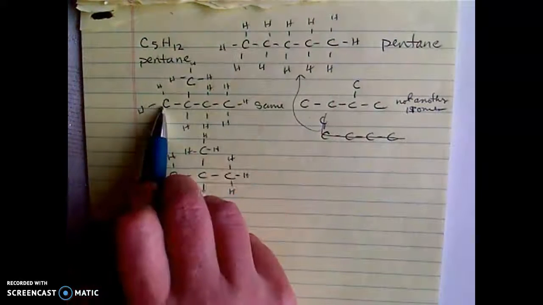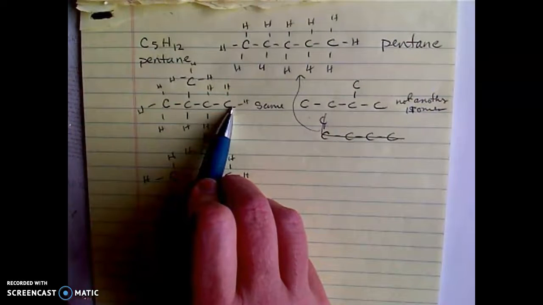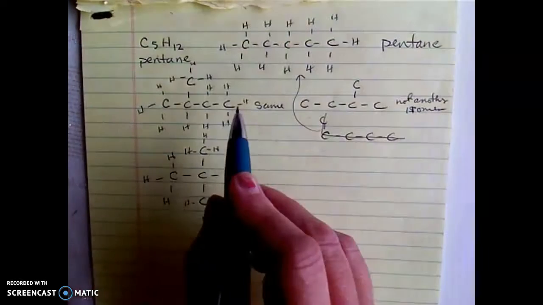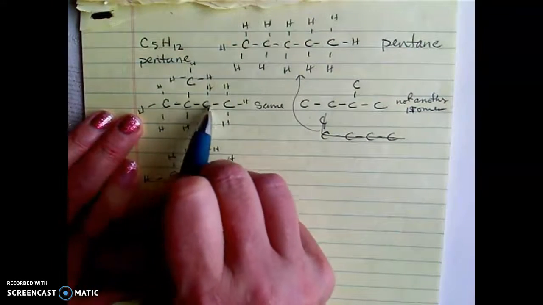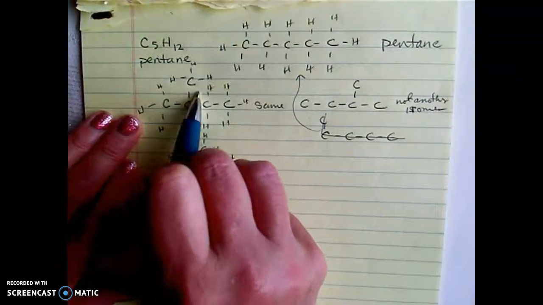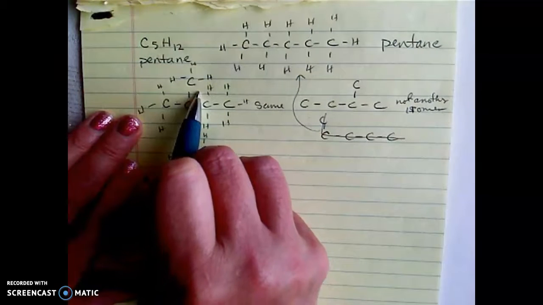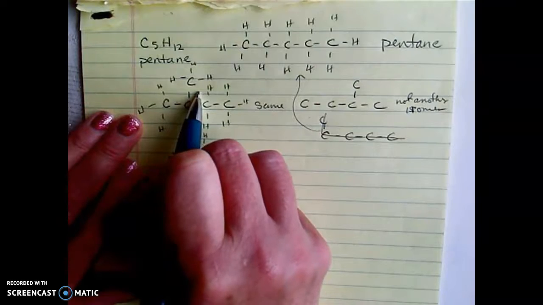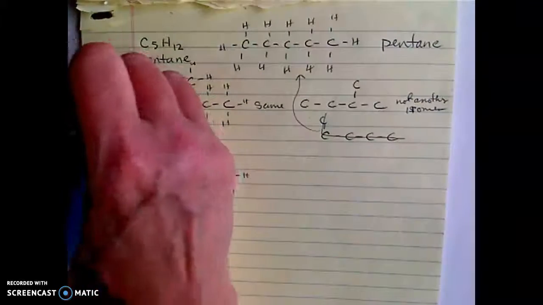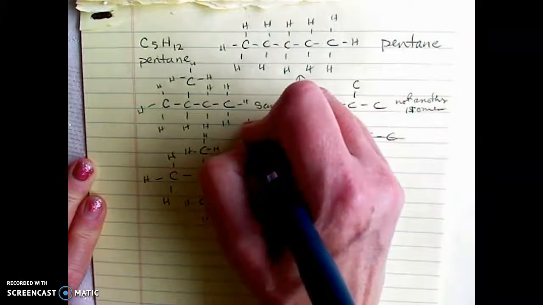This one, our straight chain is 4. So remember, 4 is bute. So this is butane, but it's butane that has CH3 coming off of it. Remember, CH3 that came from methane with one less hydrogen, so it became methyl. So this one is called methylbutane.